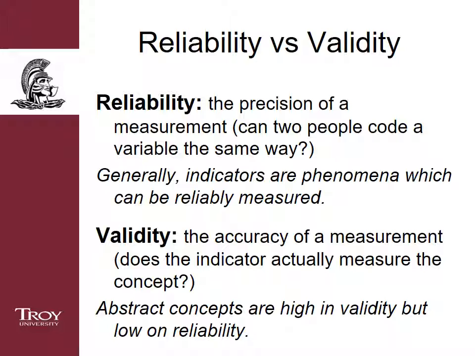Coding a variable is when you decide, is this case a war, an intervention, or something else? Do we have a war or an intervention here? That choice of what to call it is coding. So can two people look at an observation and code a variable in the same way? That's the key of reliability.